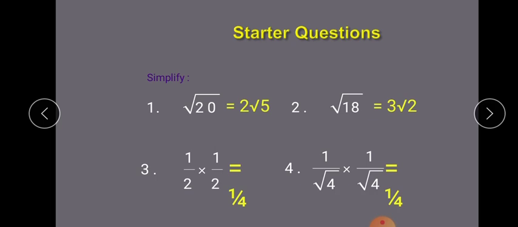Root 3 into root 3 is always 3. Similarly, root 4 into root 4 is always 4. Whenever we multiply the same root twice, the root goes. So this point has to be taken into consideration. So while solving problems, we will require this concept.